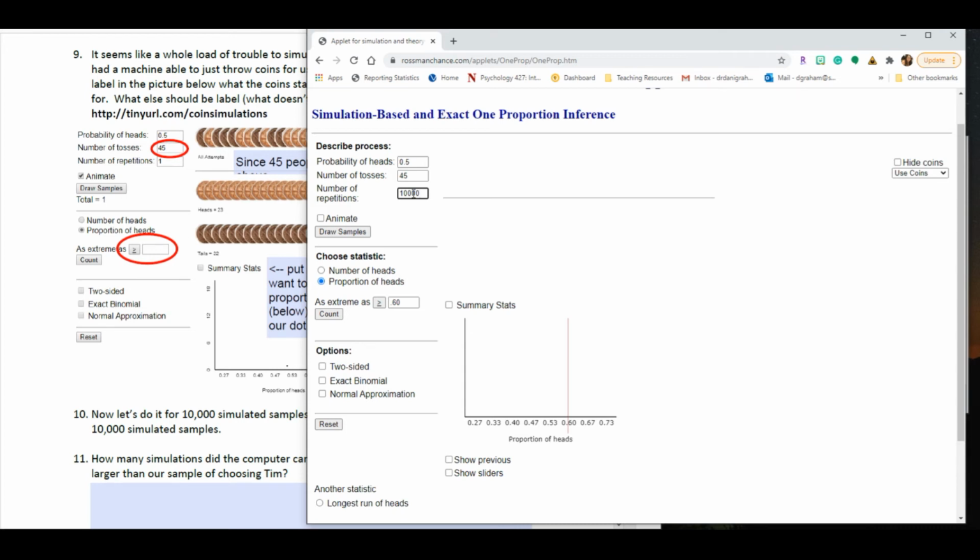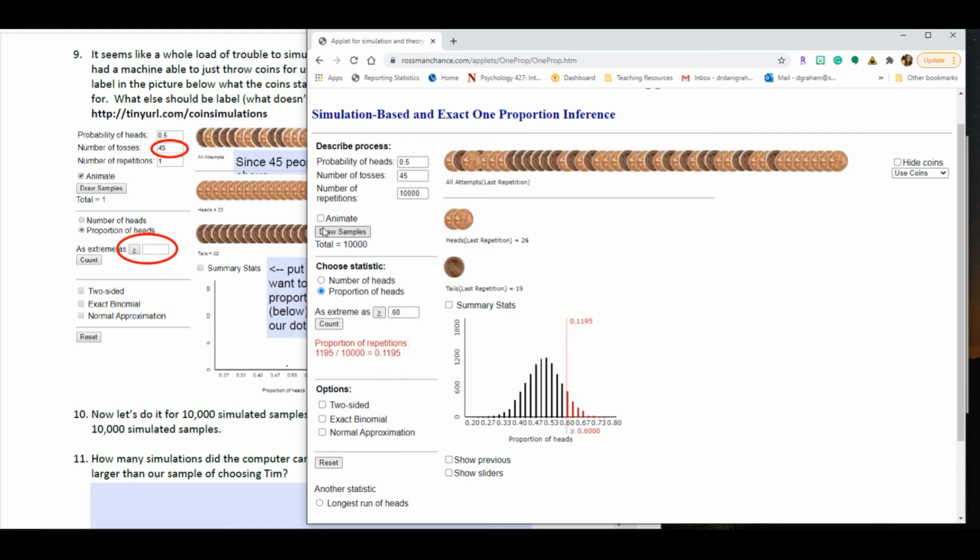I want the computer to flip 45 fair coins, 10,000 times for me. And again, think of how long that would take us. Ready computer? You're going to do it 10,000 times? Draw samples. And it did it. That's how fast it works. That's why we use computers to do simulations a lot of the time, because it goes so much faster.